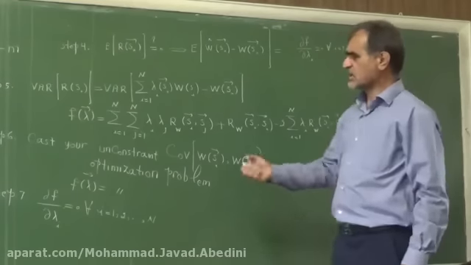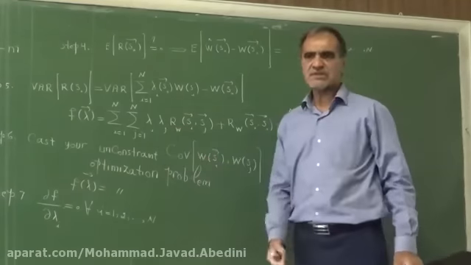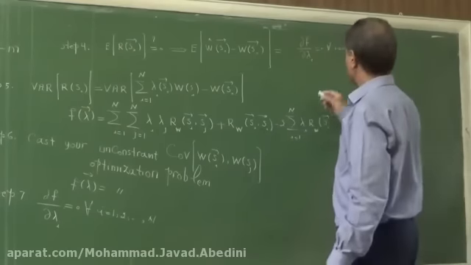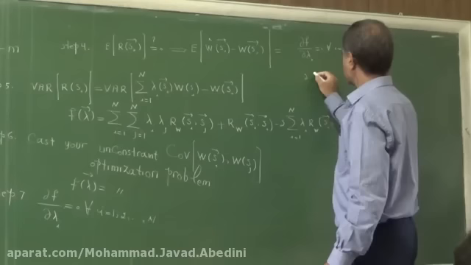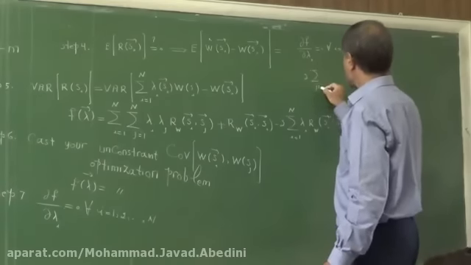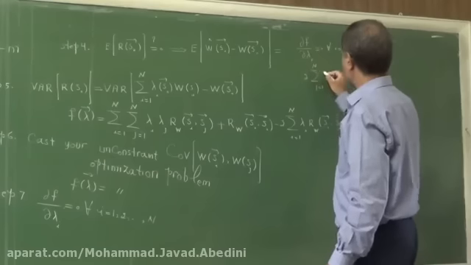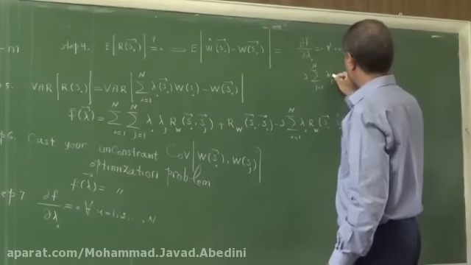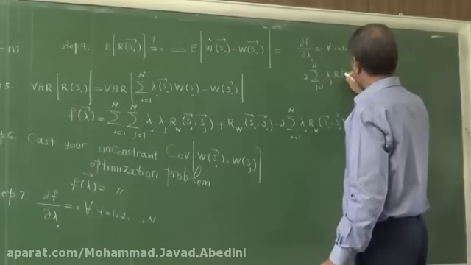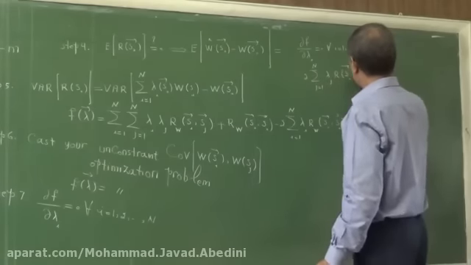What would be the partial derivative of this double summation with respect to lambda I? It's going to be 2 times summation j from 1 to n lambda j times the covariance of s_i, s_j.